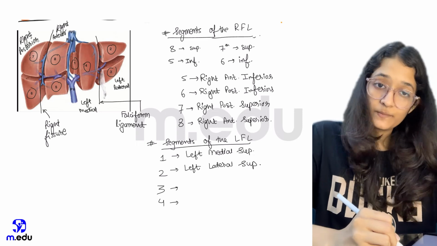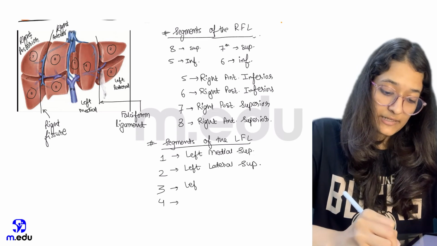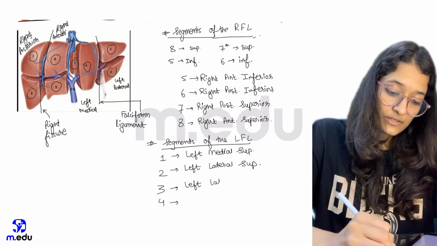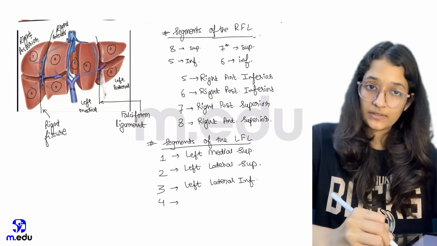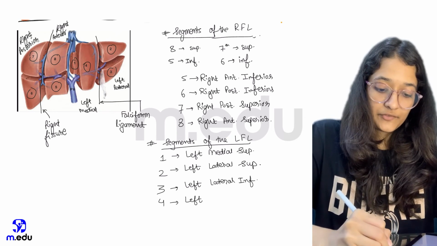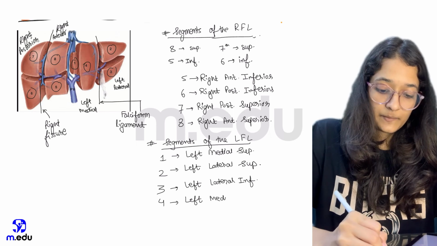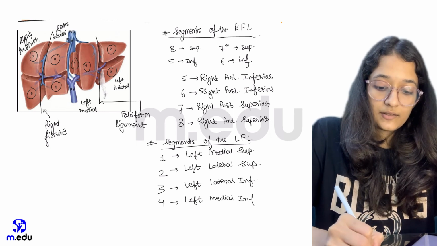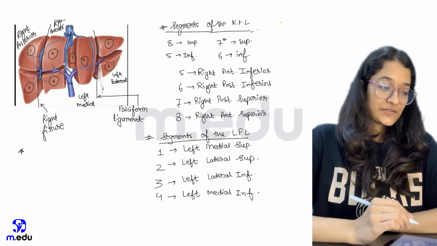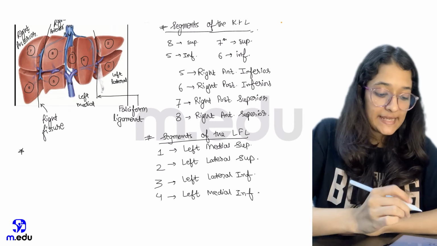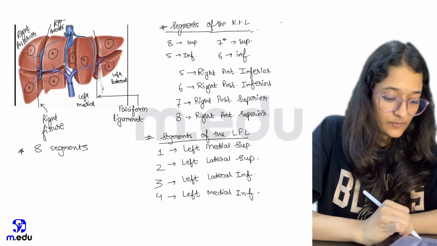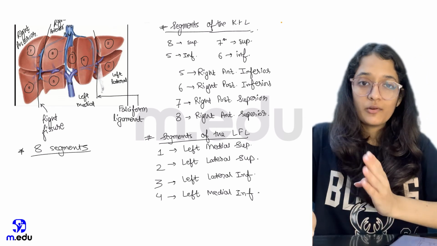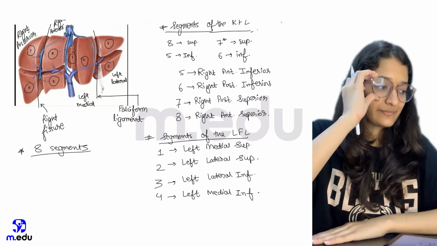The third one is left lateral inferior, and the fourth one, the last one, is left medial inferior. So in total we have 8 segments of the liver: 4 in the right functional lobe, 4 in the left functional lobe.